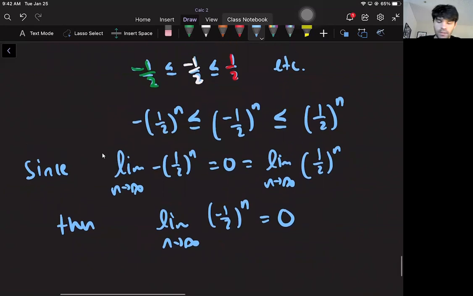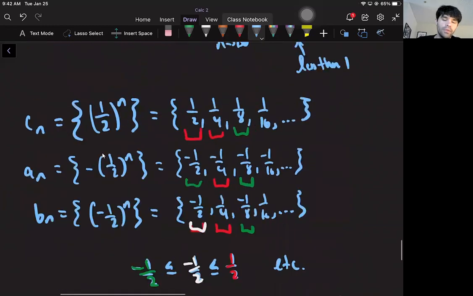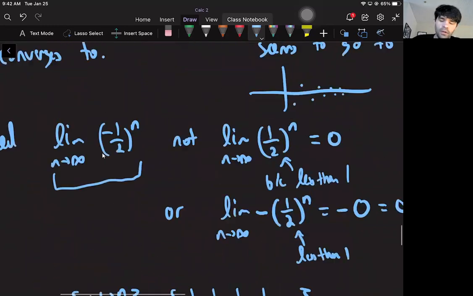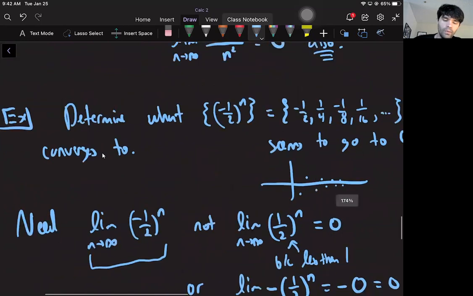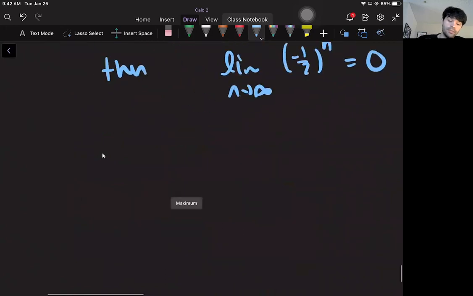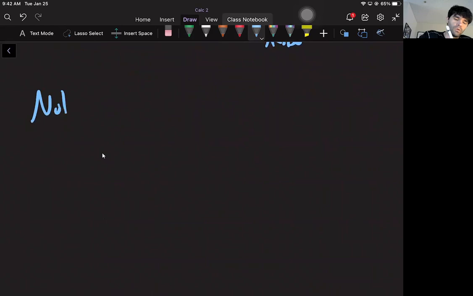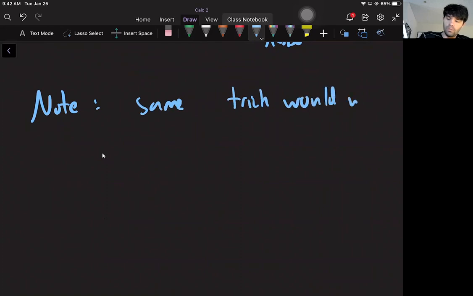Okay, so that's a slightly trickier one where there's no sine or cosine. So one thing to notice is it doesn't really matter that it was a half. The same trick would work for if it was like negative 2/3.